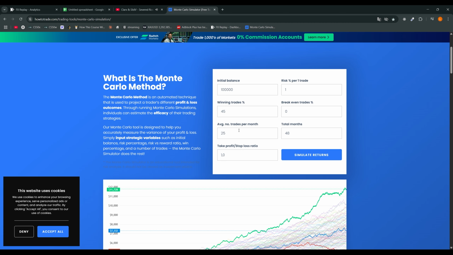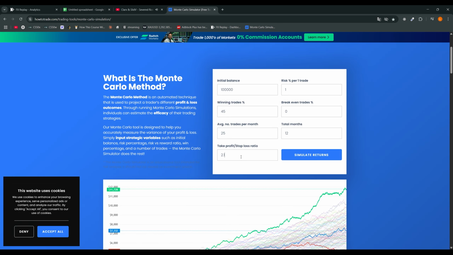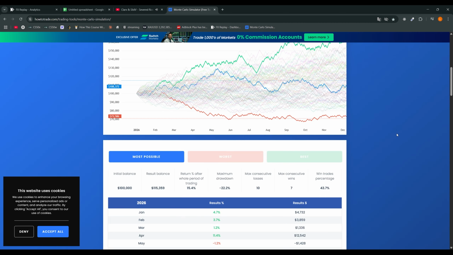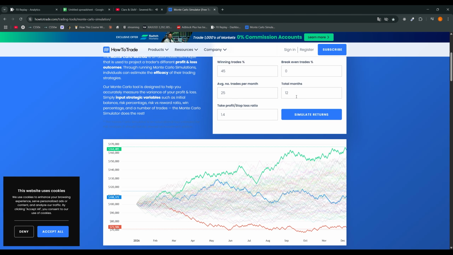Even if you multiply it by 3, 25 is a good number, 24 for a total of a year with a 2.1 risk reward. I will use 2.1 because I'm not taking commission into account, so I will add 2 months like this.